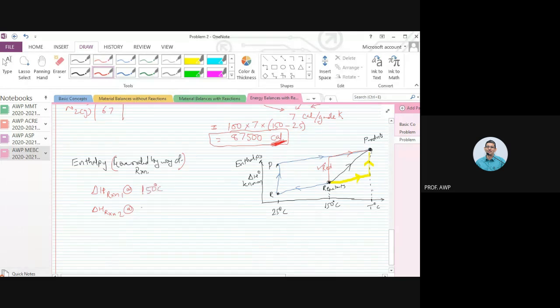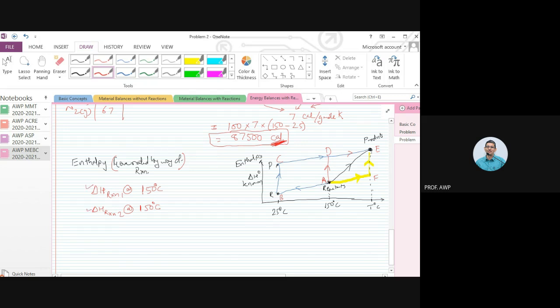That's the temperature, 150. Right? So this heat of reaction is what we need. This heat of reaction for this step, let's call this A, B, C, D, E, F. Right? We need the heat of reaction for the step A to D.